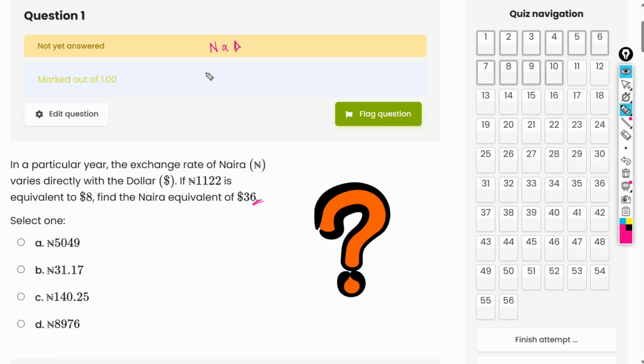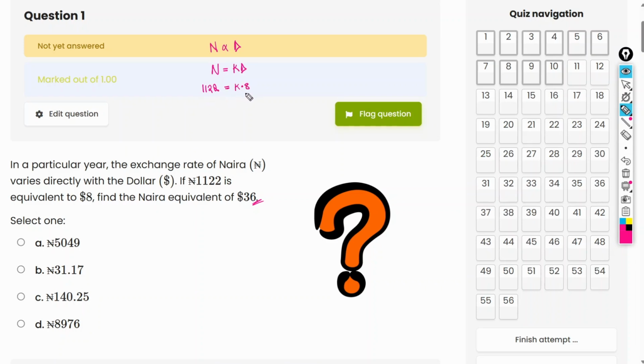So we can also set up an equation that says N is equal to KD, where K is a constant of proportion. Using the scenario we were given, 1122 naira is equal to K times 8.